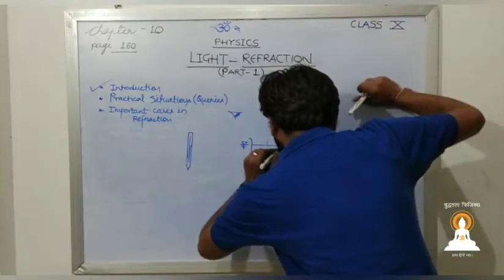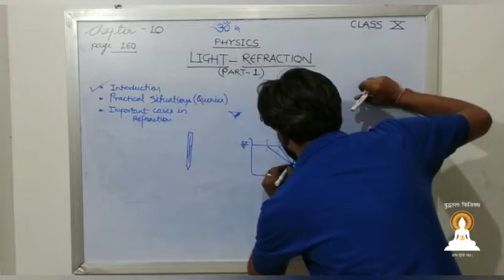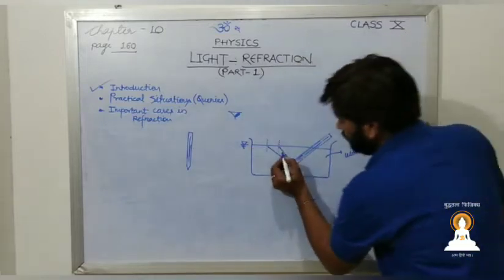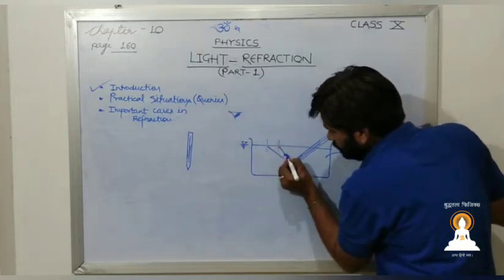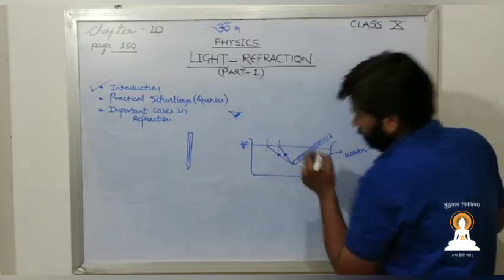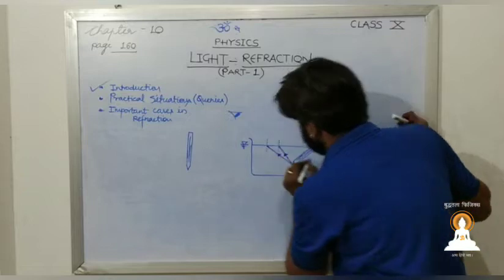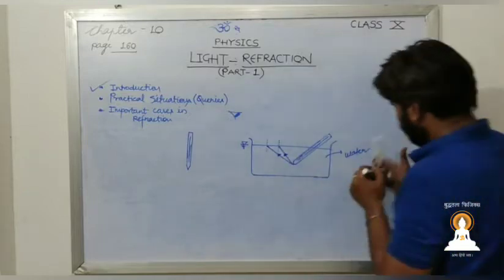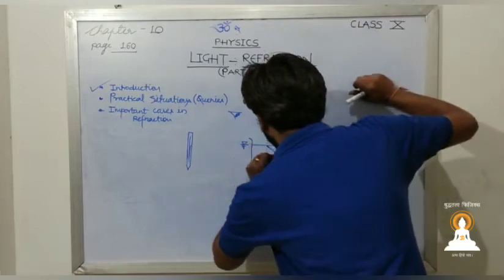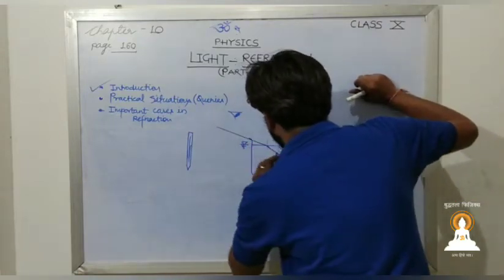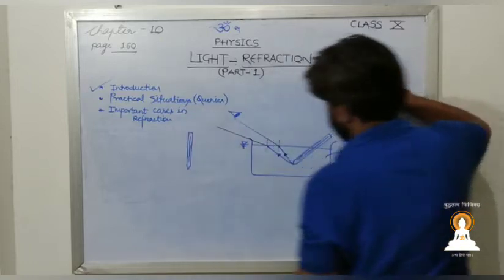One ray, and another ray is like this. Many rays will move towards you, but we are considering only these two. For these two points of incidence, we will see the refracted light. The refracted light will move like this for the first case, and like this for the second case.